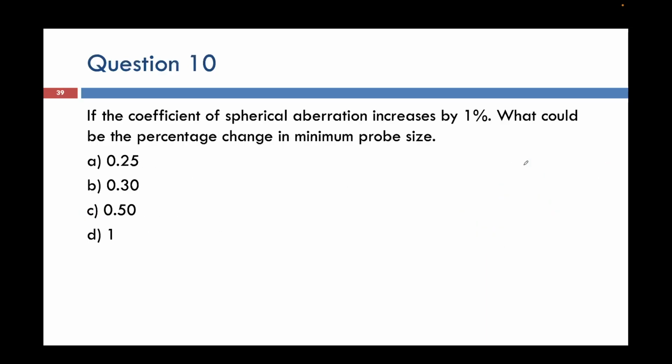Next, the coefficient of spherical aberration increases by 1%. What could be the percentage change in minimum probe size? If anyone remembers, I told you in today's class that there was one important expression for D minimum. You can apply that and answer.